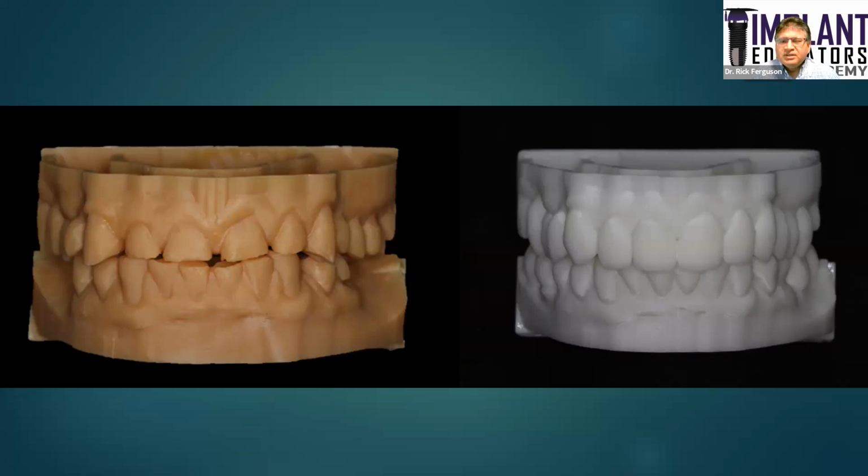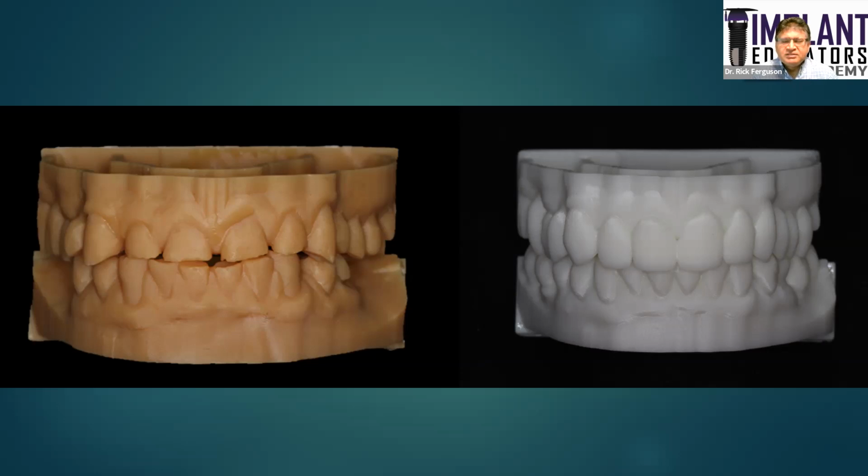So what we did here was I had a consultation appointment with Alan. His wife happened to come with him, and we sat down and talked about how we're going to approach his case as far as opening his bite and adding crowns to restore his vertical dimension. And when you put the time and effort into these types of cases, it pays off.